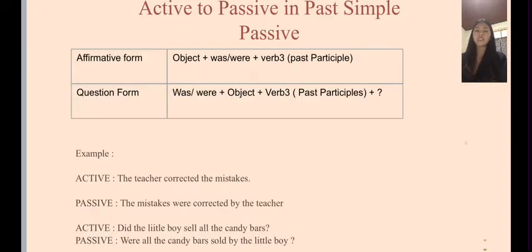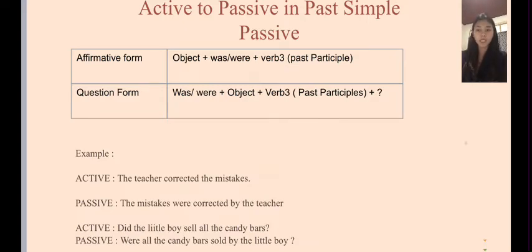Okay, next there are active to passive voice in past simple passive. There are form for affirmative form. Here is object plus was or were plus verb 3 past participle. And the question form is was or were plus object plus verb 3 past participle.